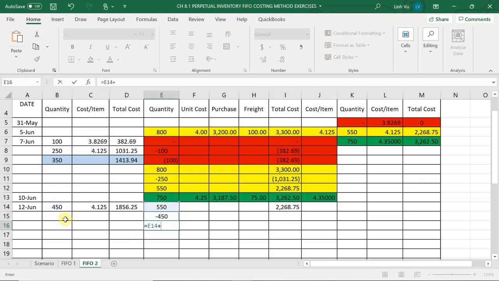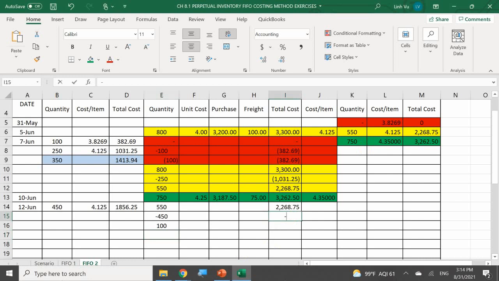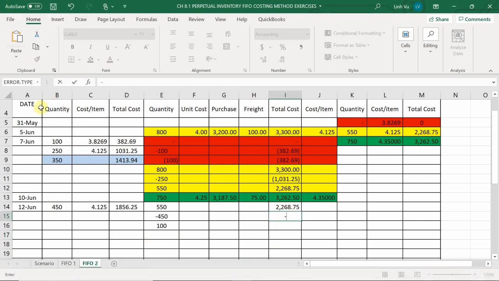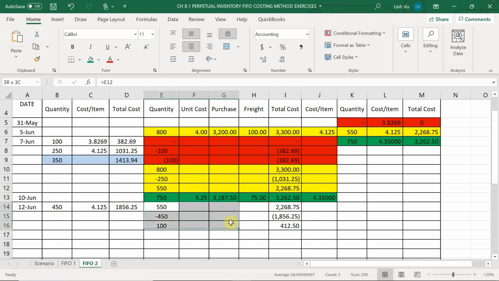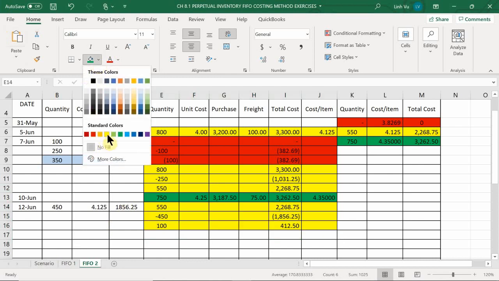So how much should I have remaining? 100 units. 2268.75 minus your 1856.25 should give you a remaining balance of 412.50. All right, and this right here belongs to your yellow batch of inventory.